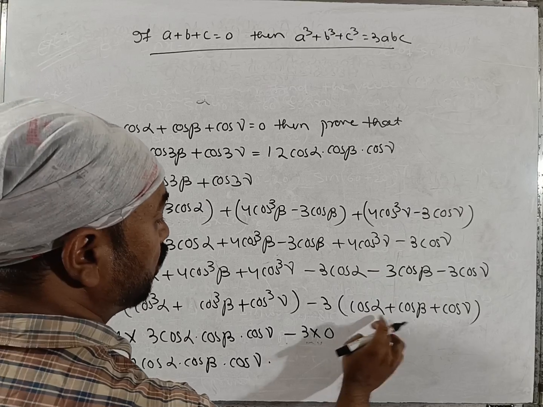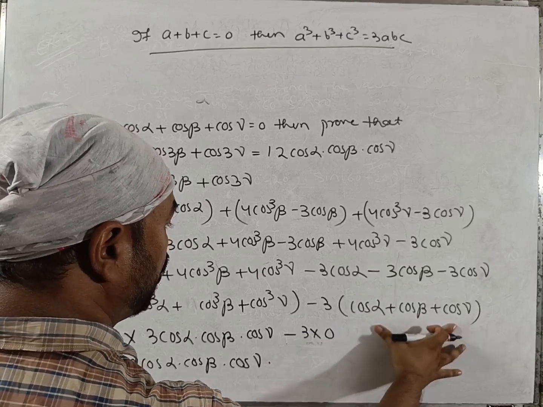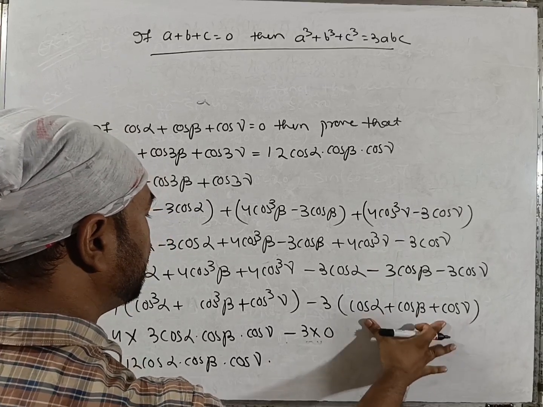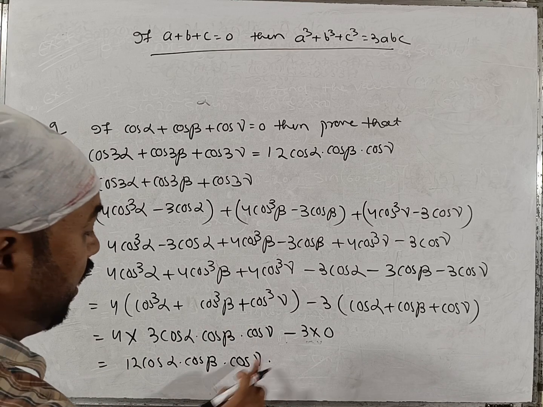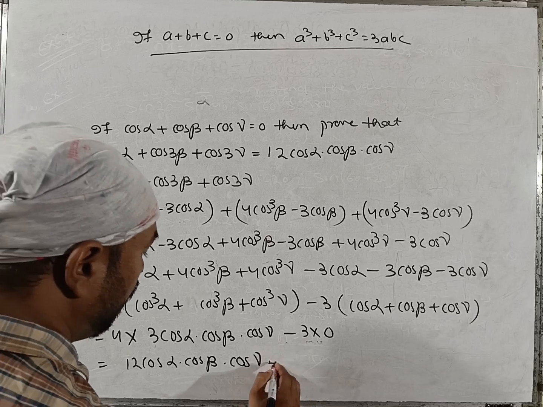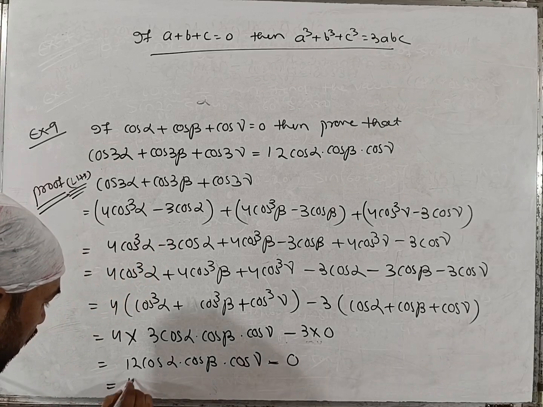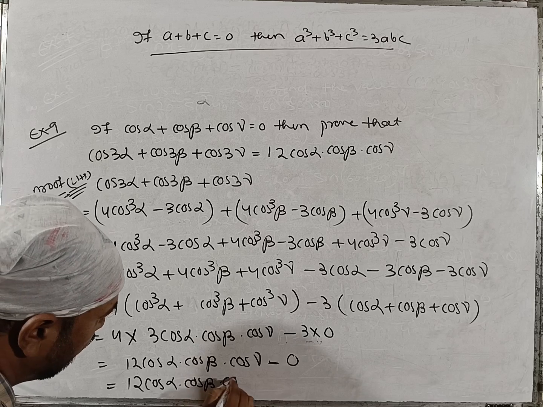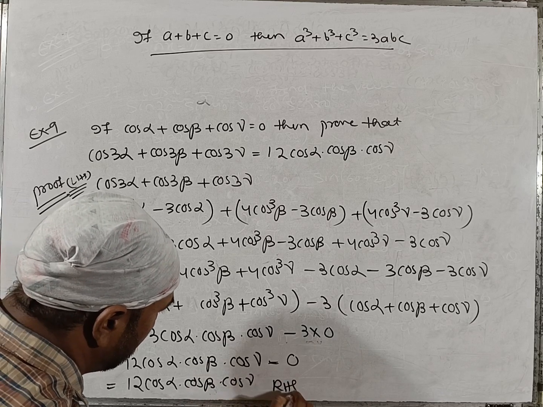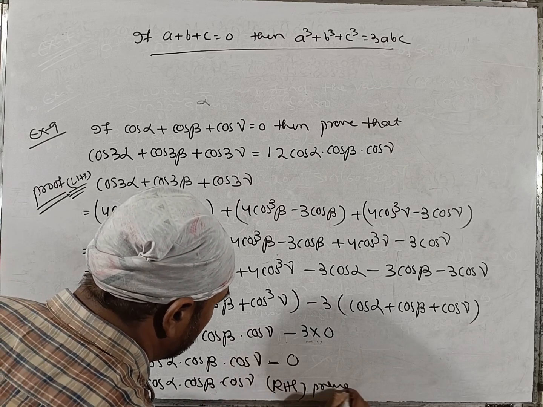But it is given that cos alpha plus cos beta plus cos gamma is equal to 0. That means you put 0 directly in the second part. So it will be 12 cos alpha, cos beta, cos gamma minus 0. So the result is 12 cos alpha into cos beta into cos gamma, which is the right hand side, and it has been proved here.